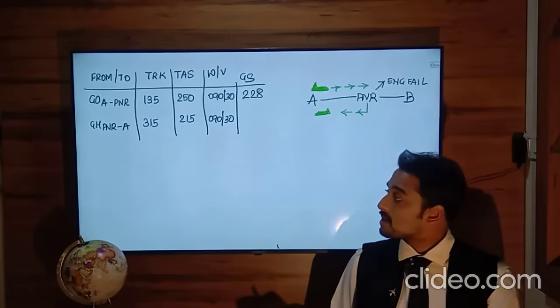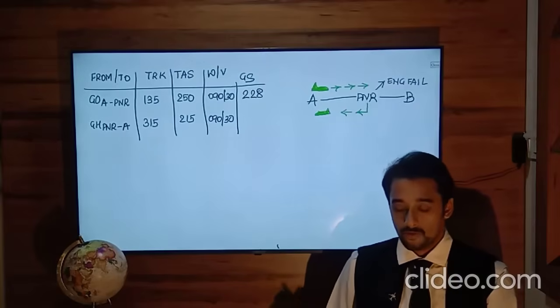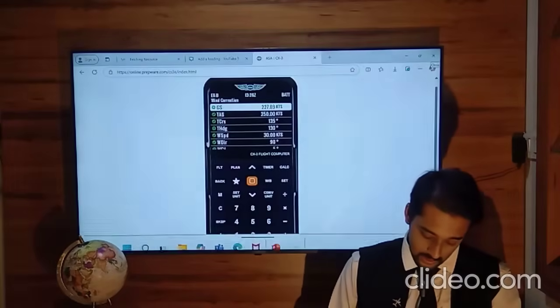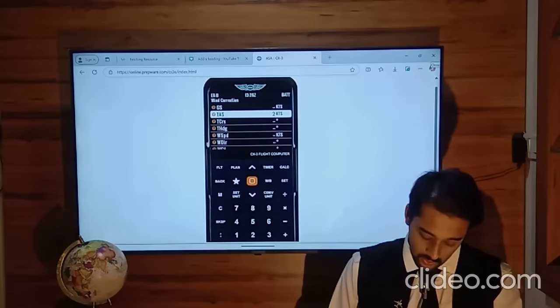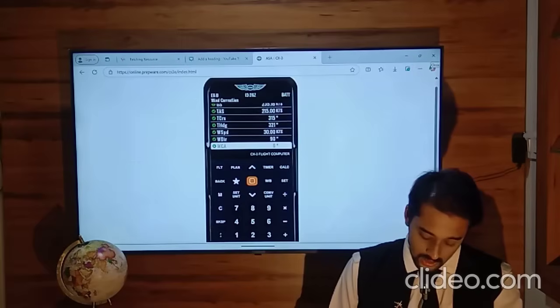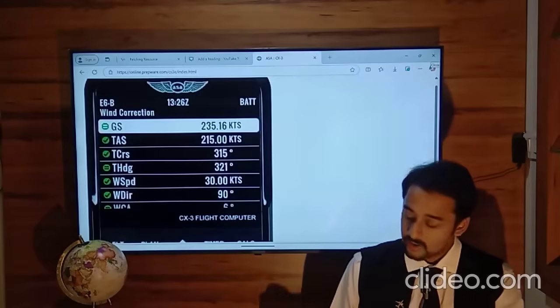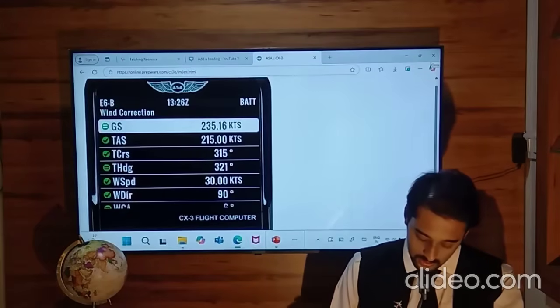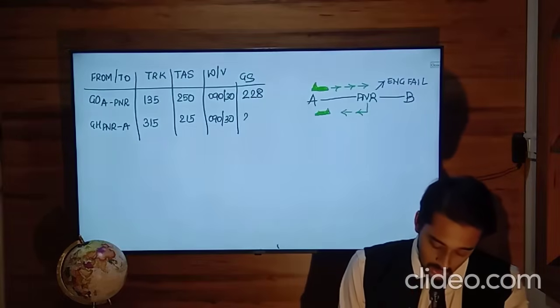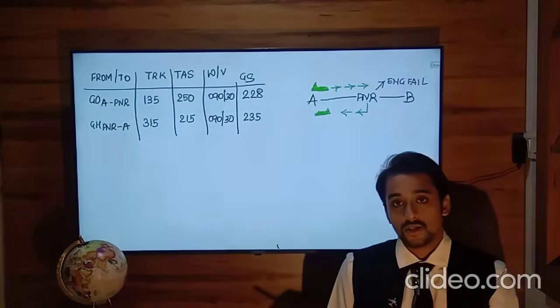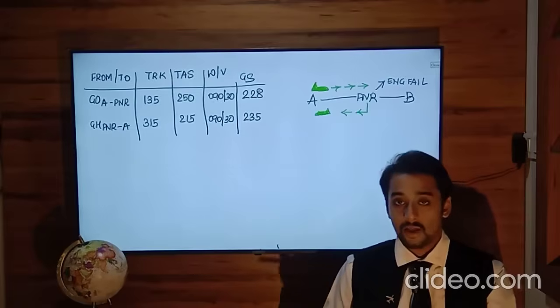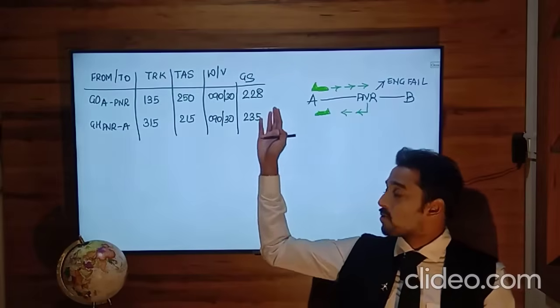Going homebound, your track is 315 and speed is 215. So your ground speed now is 235 knots. So this is the table that we have done to calculate ground speed.